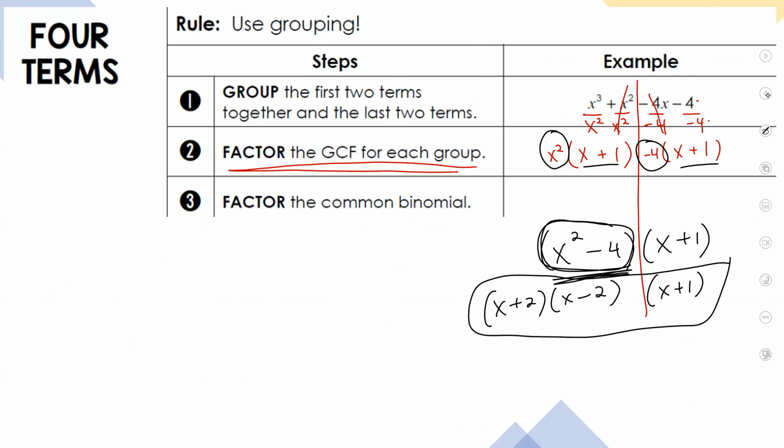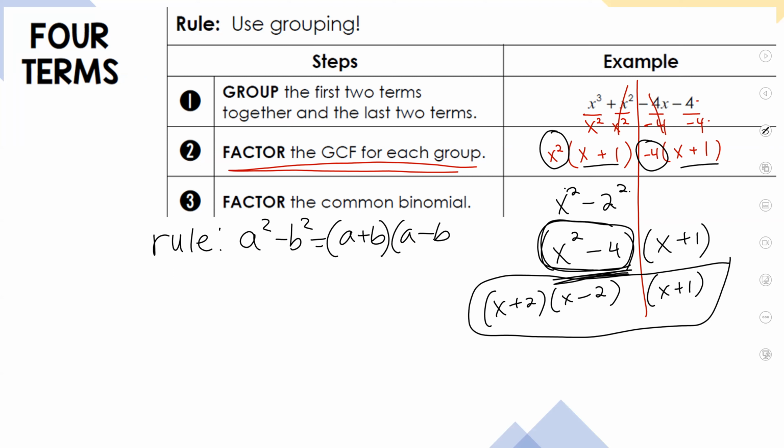So if you were to rewrite this, you would write it as X squared minus 2 squared. This is your A squared and your B squared. That's the rule that we just went over. So the rule is if you have A squared minus B squared, you write it as A plus B and A minus B. So here you have X squared minus 4.